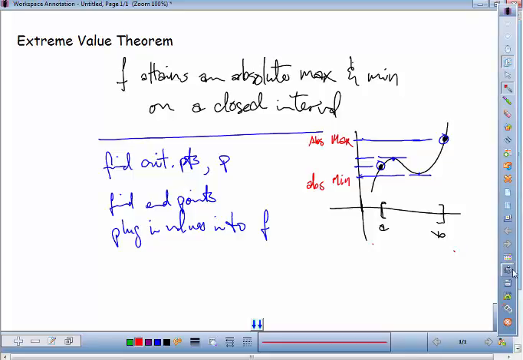I don't want to talk too much about closed domains because that's a real analysis type of topic that somebody could talk about for 2 lectures. So instead, we're just going to spend 2 minutes talking about it.